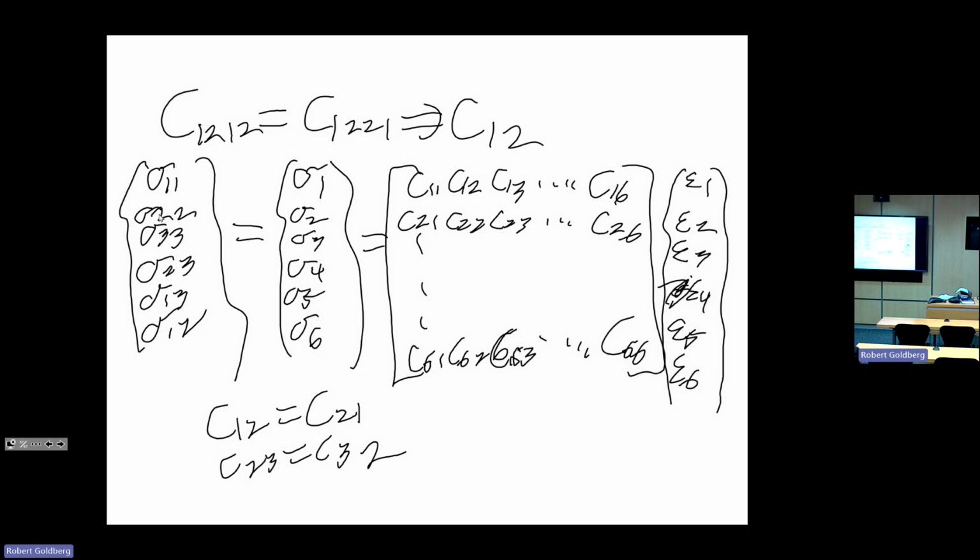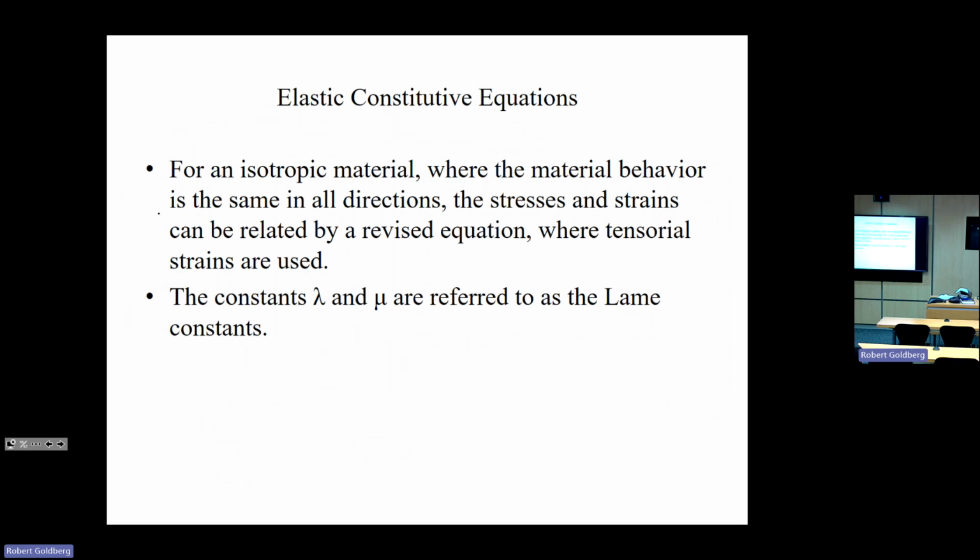But this is true whether a material is isotropic, which means that the properties are the same in any direction, no matter how you pull on it, or a composite, which is an orthotropic material, which means the properties are different if you pull on it in different directions. But for most of what we're going to deal with in this course, we're going to deal with isotropic materials where the properties are the same in every direction.